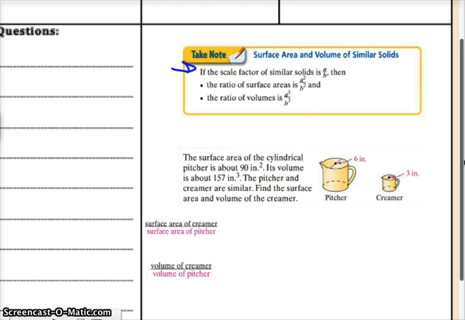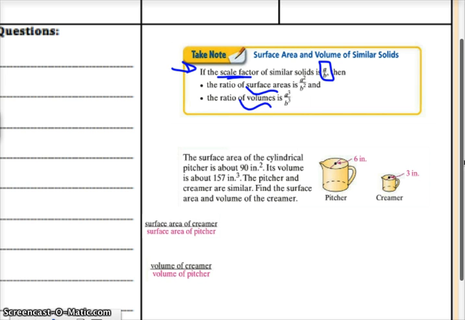If the scale factor of a similar solid is A over B, that's the initial scale factor, A is to B, then the ratio of the surface areas is A squared is to B squared. And the ratio of the volumes is A cubed is to B cubed.